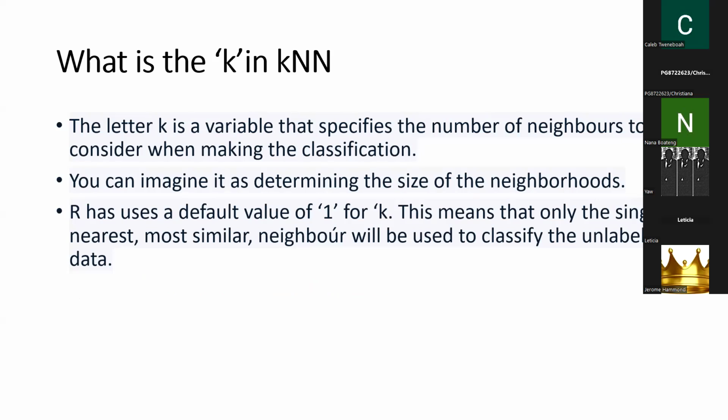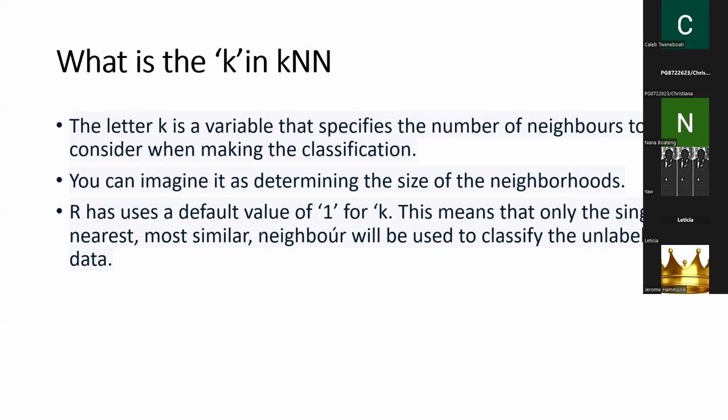The letter K specifies the number of neighbors to consider when making a classification. As I'm explaining this, you will see that it has a slight difference between this and K-means.